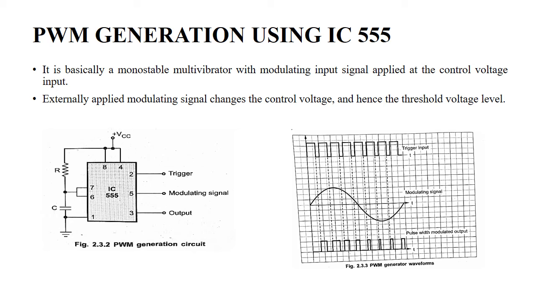The externally applied modulating signal will change the control voltage, while the threshold voltage level is a fixed value. So the time period required to charge the capacitor up to the threshold voltage level will change, giving a pulse width modulated output signal.